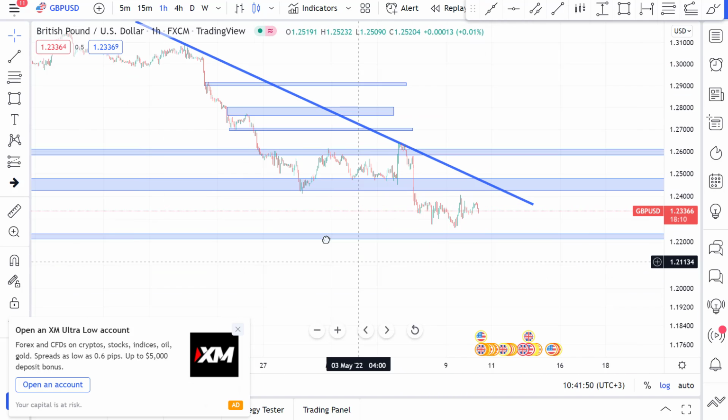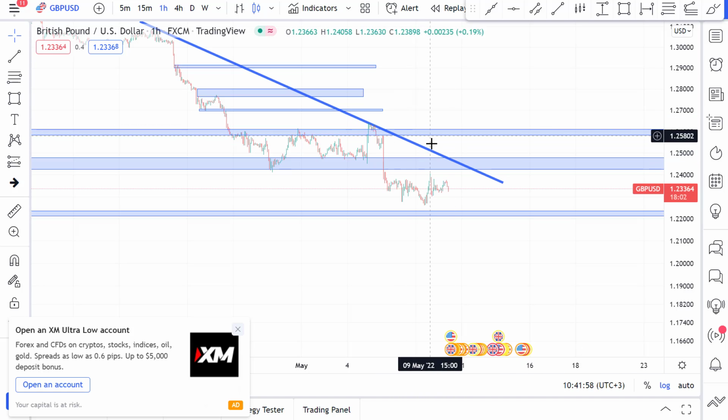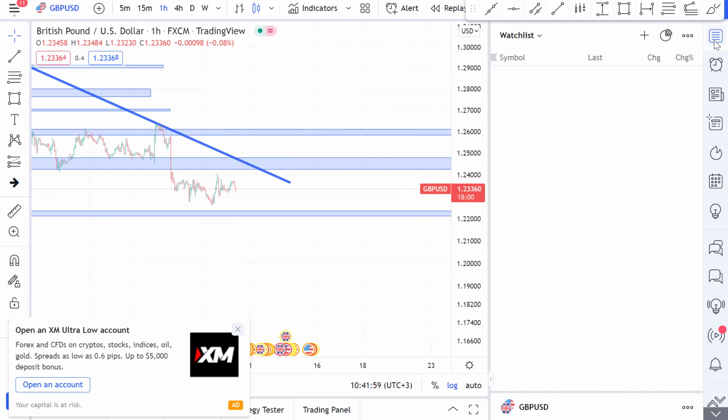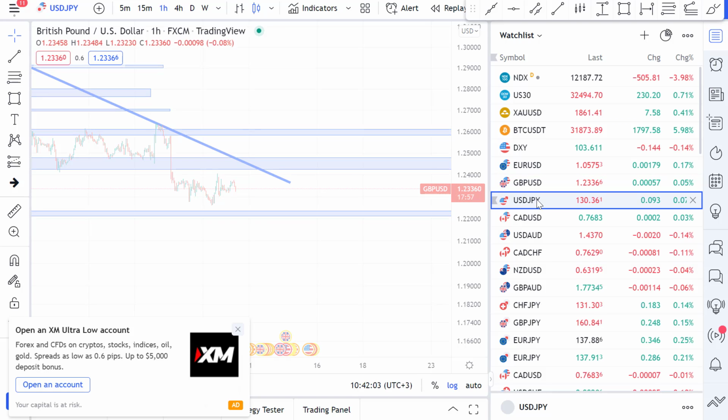It depends on DXY. If we have a breakout of this zone and a pullback to this zone, we can see the pound bullish again. You can draw the same line to understand how you should act.